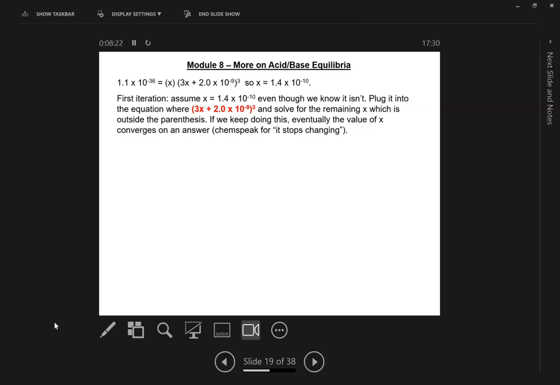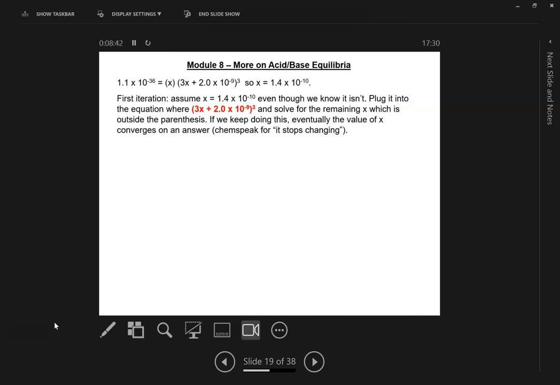So this is an iterative procedure, which means we do it over and over again and see if we can converge on an answer. So first thing we're going to do is assume that x is 1.4 times 10 to the minus 10th, even when we know it isn't.